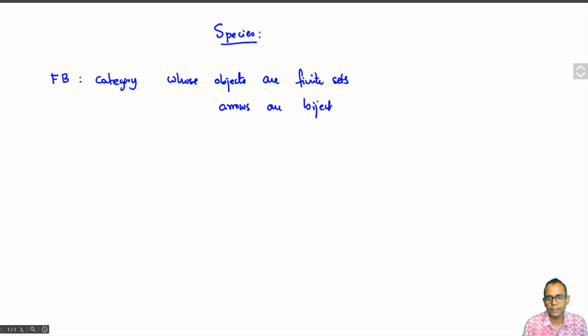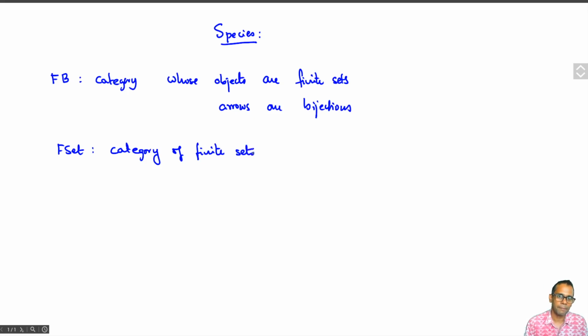So we only allow bijections in this category. And let F set denote the category of finite sets, the usual category of finite sets, meaning that the objects are finite sets and arrows are all functions. A species is a functor from FB to F set.